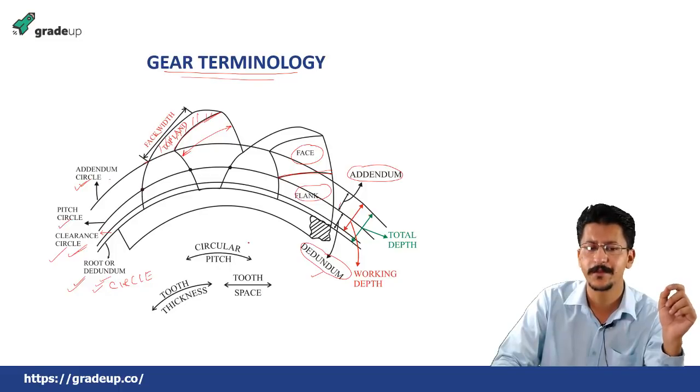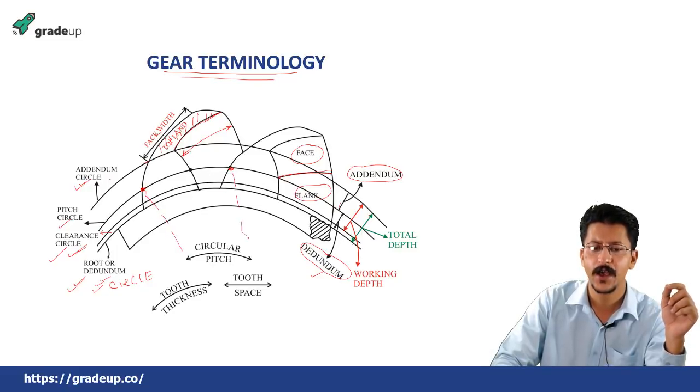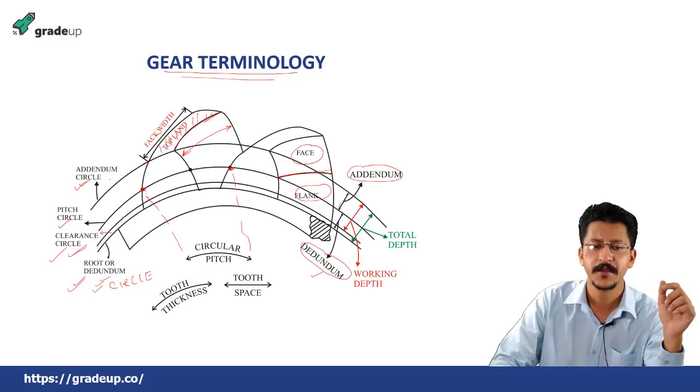Then what is a circular pitch? Circular pitch is the distance between two corresponding points on two gear teeth. If this is one point and the corresponding point on another tooth is this, so this is the circular pitch, and that too measured along the pitch circle, okay, not to be measured along any other circle, measured only along the pitch circle.